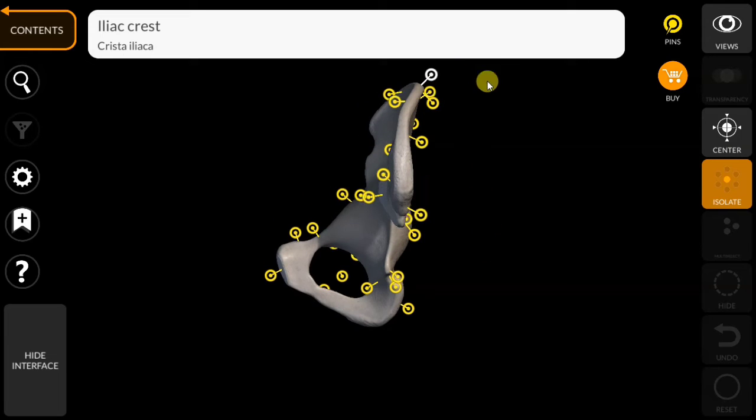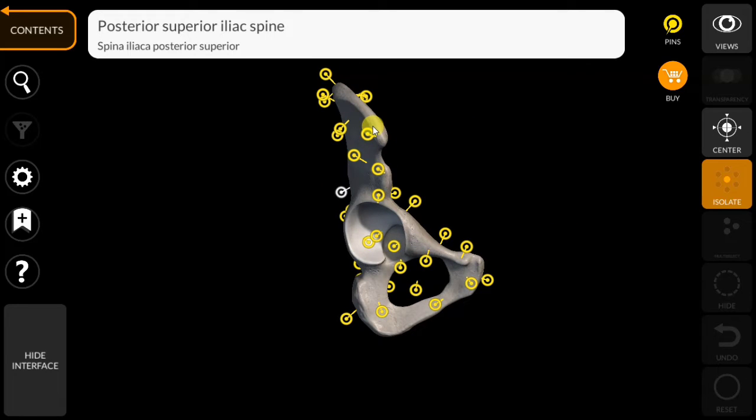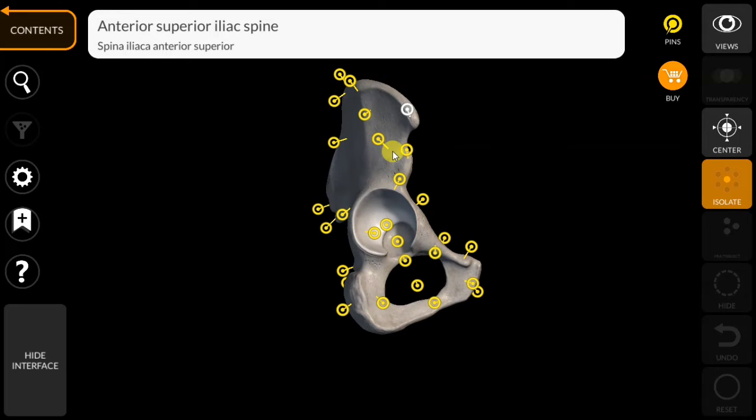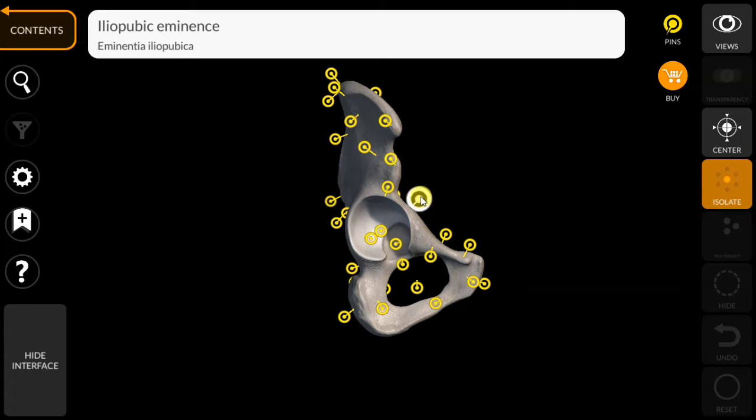On the anterior side we have the anterior superior iliac spine, and then the anterior inferior iliac spine. This is the iliopubic eminence. As you can see here, this whole cavity is called the acetabulum, where the femoral head attaches.